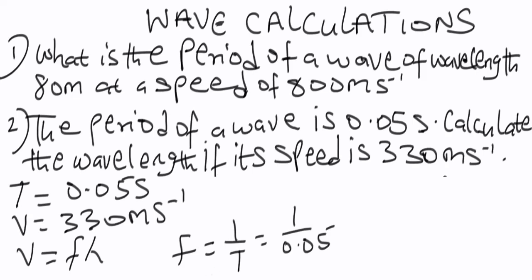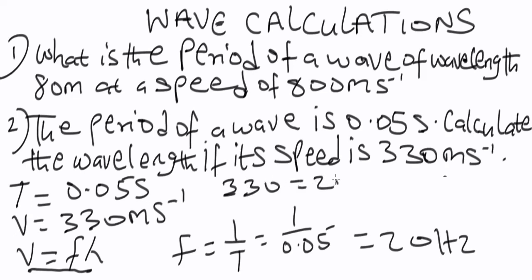When you simplify it, 1 divided by 0.05 will give us 20 hertz. So let's substitute these values now in this relationship to get the wavelength. The velocity is 330 equals 20 times the wavelength.